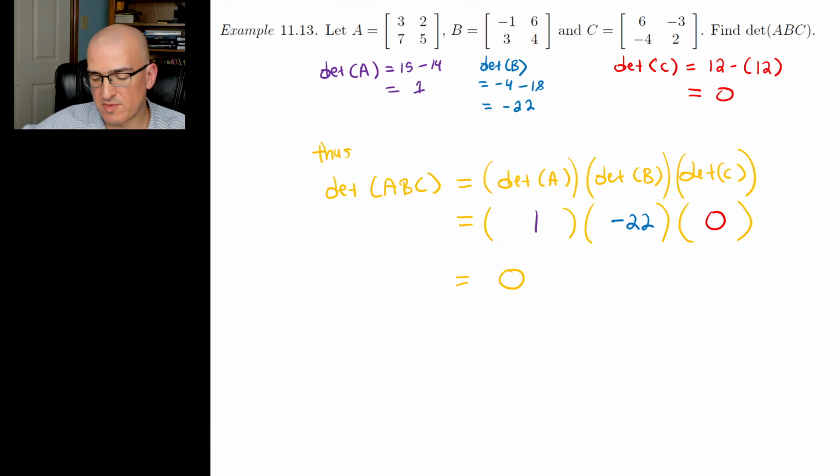We do not need to multiply the matrices together. We barely have to multiply those numbers together.